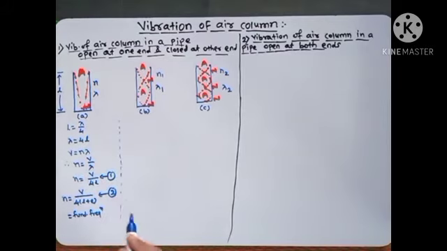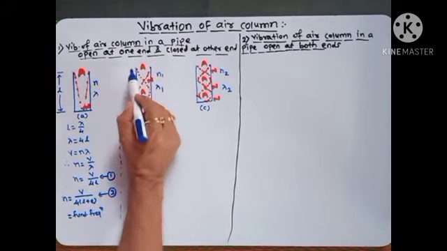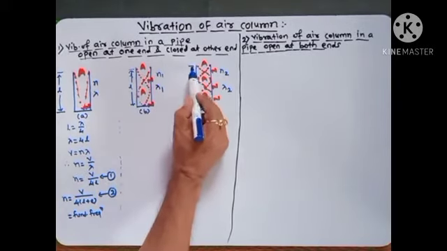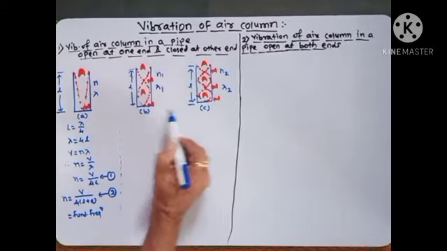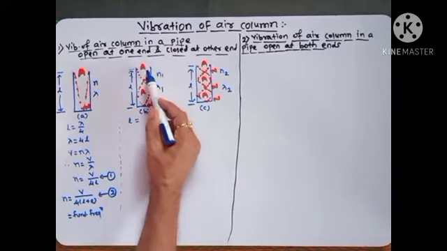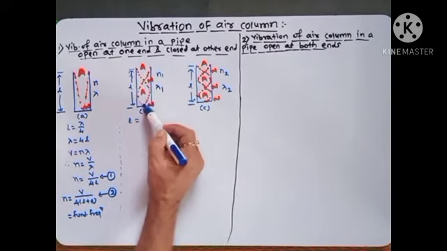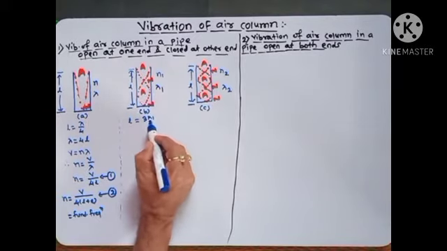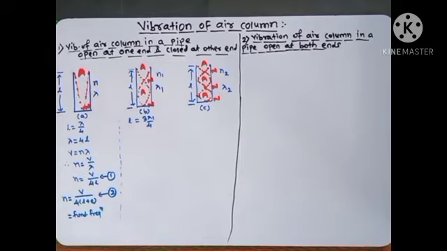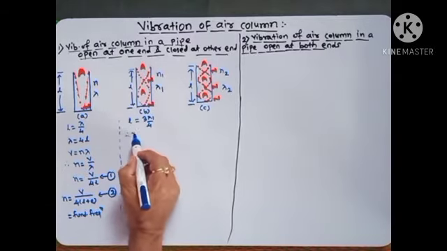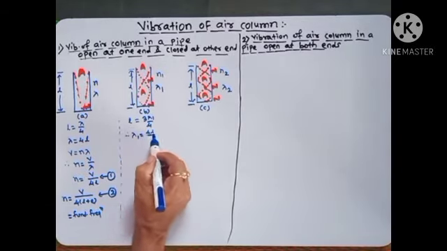Now we write the similar relations here. Every time we take L as the length of the pipe, same length of the pipe. Now here L is equal to, here you see there are 3 half loops. Lambda 1 by 4 is the length of a half loop, therefore L is equal to 3 lambda 1 by 4, and therefore lambda 1 is equal to 4L upon 3.